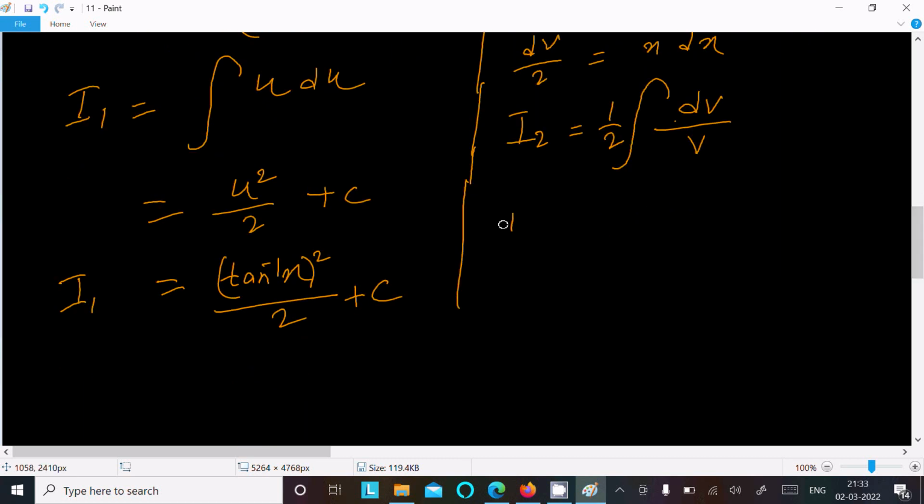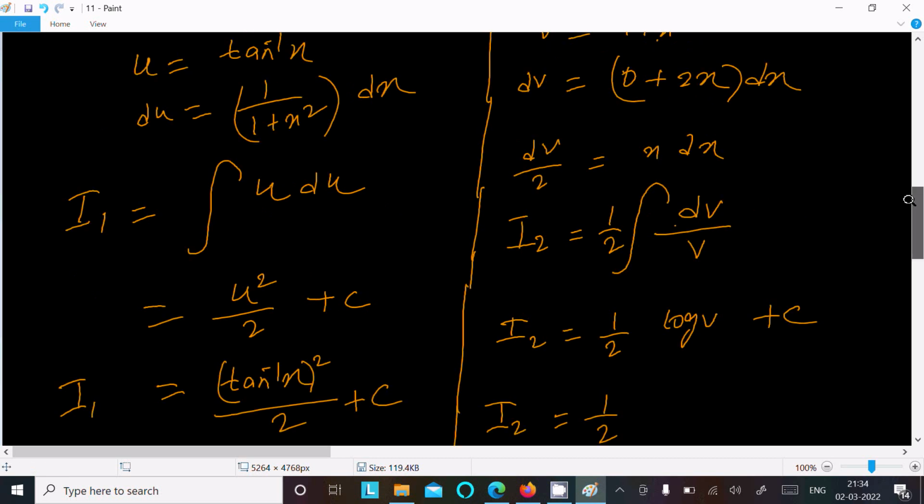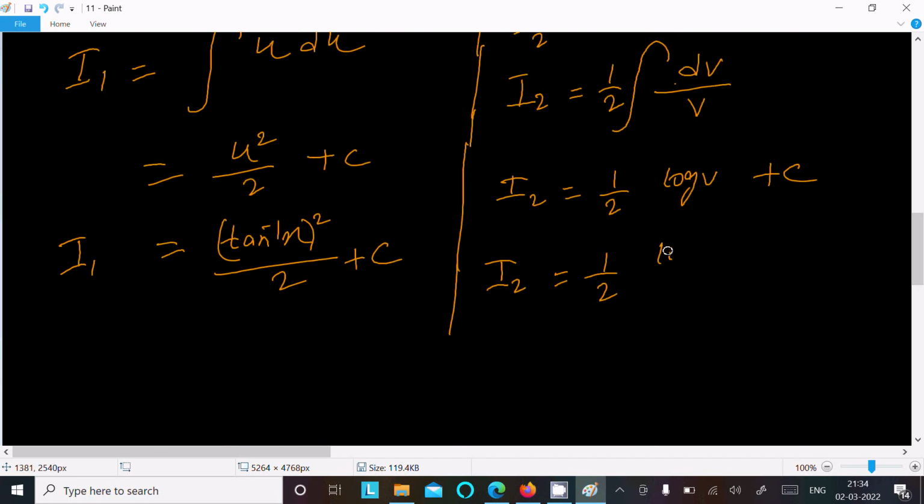So now the I2 value is 1 by 2 log v, and c is the constant, since the integration of 1 by v is log v. So I2 is 1 by 2, and in place of v we put log (1 plus x squared), plus c.